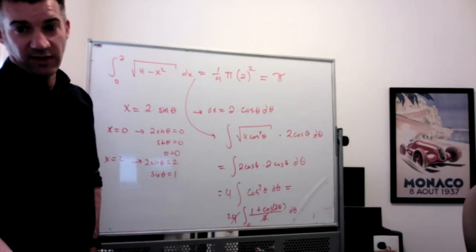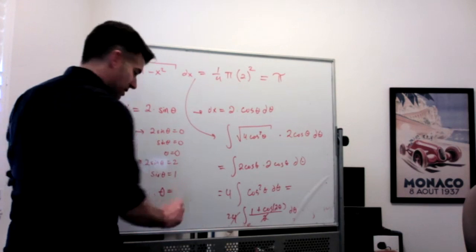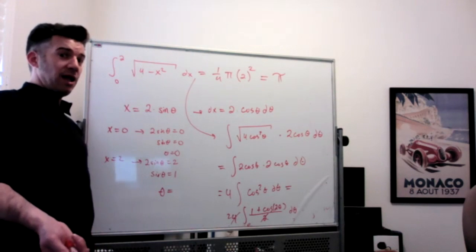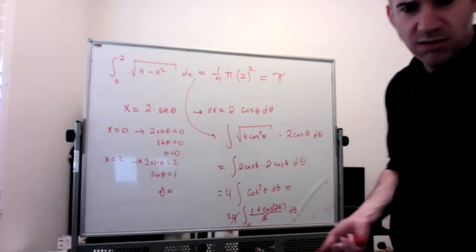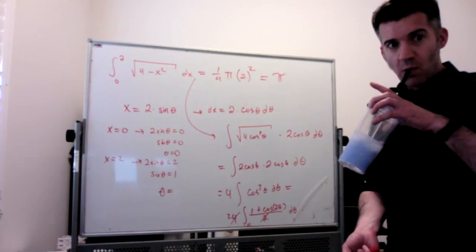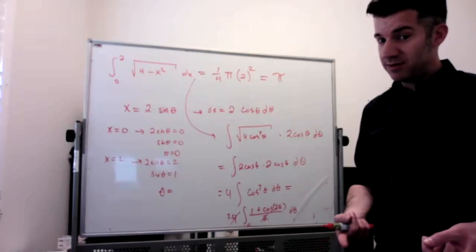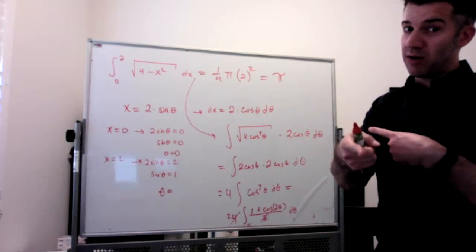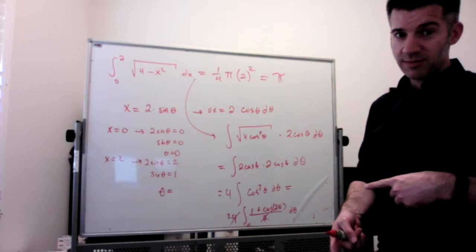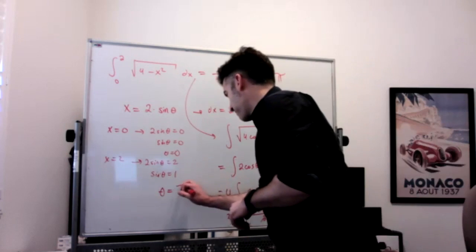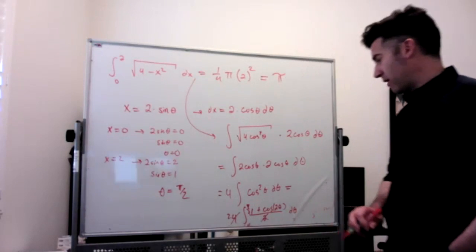What angle is sine of theta equal to 1 at? Sine of 0 is 0, cosine of 0 is 1. Oh yeah, would it be pi over 2? Awesome. So those are my new limits of integration, from 0 to pi over 2.